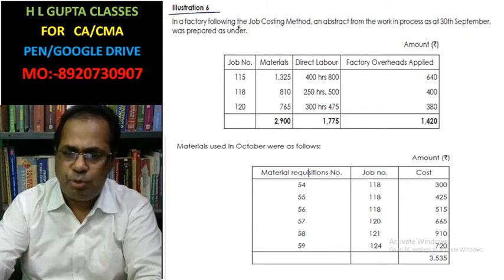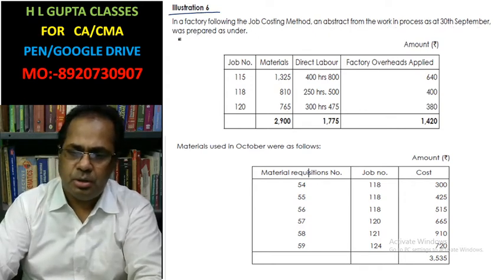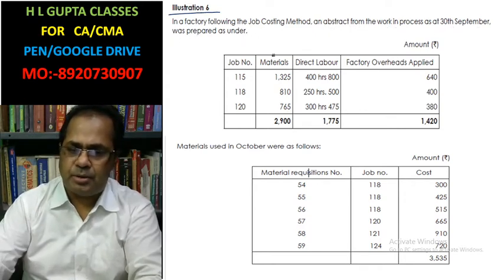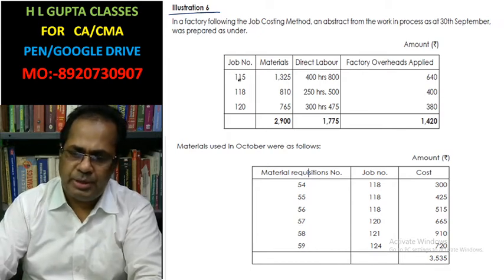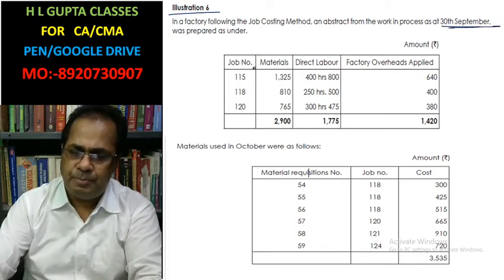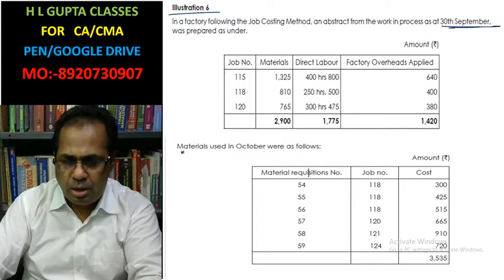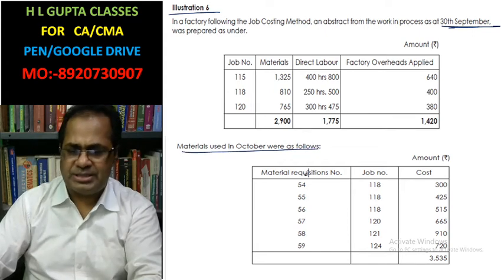In a factory following the job costing method, an abstract from the work in progress on 30th September was prepared as under: job numbers 115, 118, 120, with the expenditure on 30th September. Material is this, direct labor is this, factory overhead is this, and materials used in October were as follows.